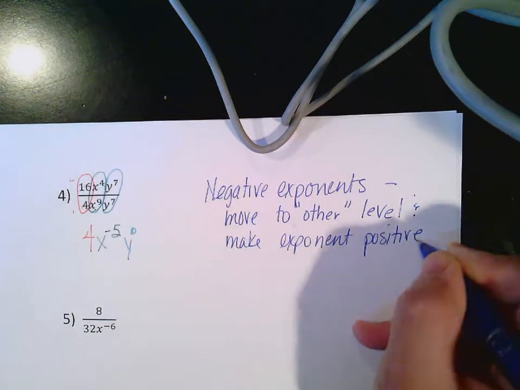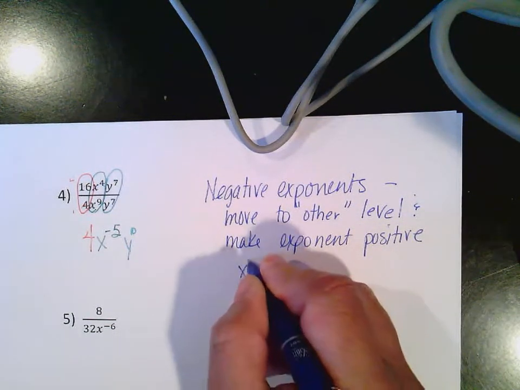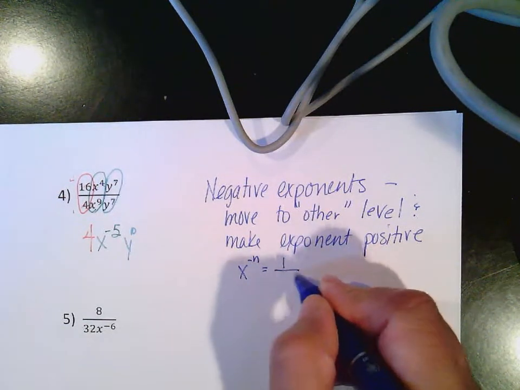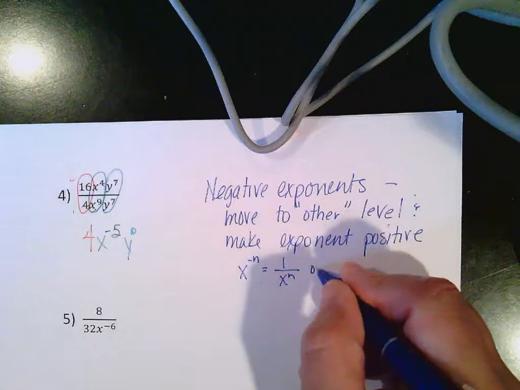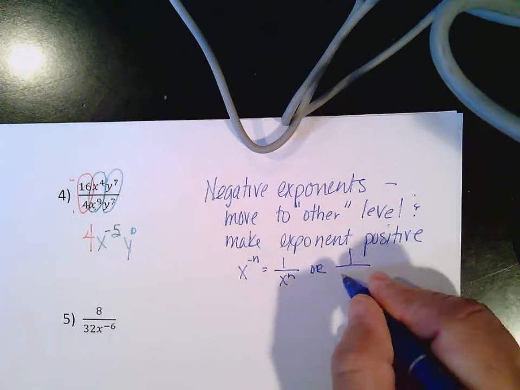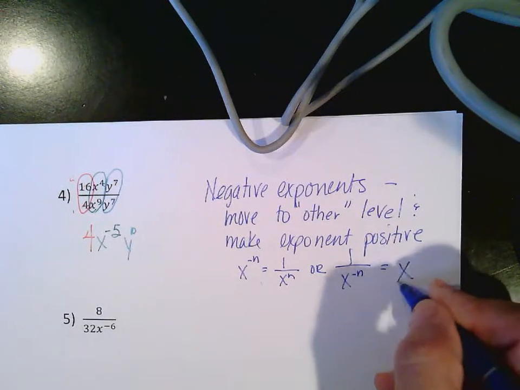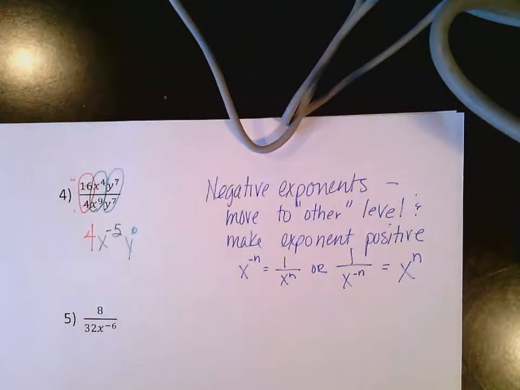Okay, and that rule is, if I've got x to the negative n, I would move it to the denominator, so it would become 1 over x to the positive n. Or, if I had x to the negative n in the denominator, I would move it up to the numerator, and that would become x to the positive n. So wherever that negative exponent is, you move it to the other level.